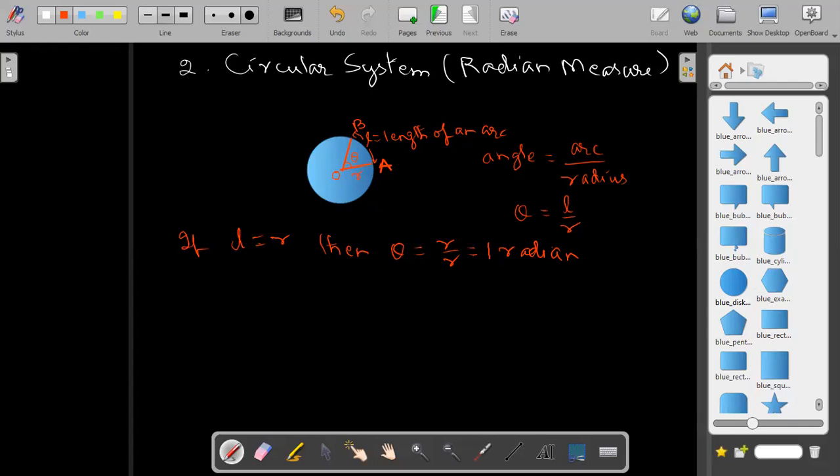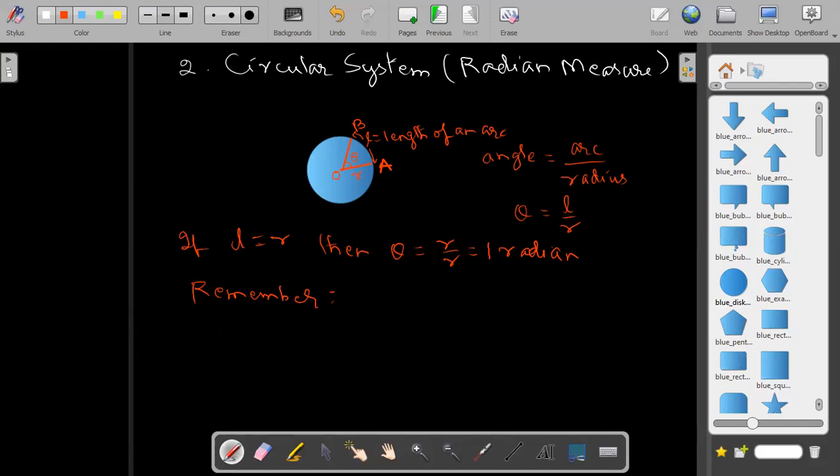Okay. But this is the definition, and you have to remember the main point that we will use for doing the questions. One thing, how to convert degrees into radians, radians into degrees, that we are going to do.